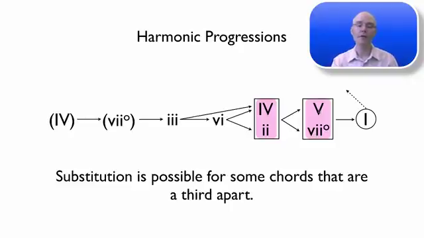And some of you may be familiar with the terminology of tonic, which is the 1 chord, subdominant, which is the 4 chord, and dominant, which is the 5 chord. But in terms of functions, we can look at a subdominant chord being either the 4 chord or the 2 chord, and a dominant chord being either a 5 chord or 7 diminished.